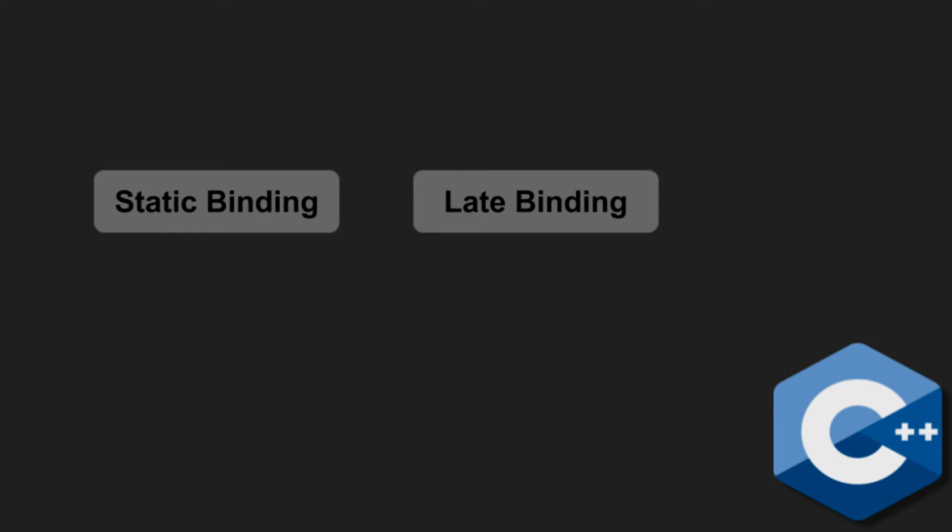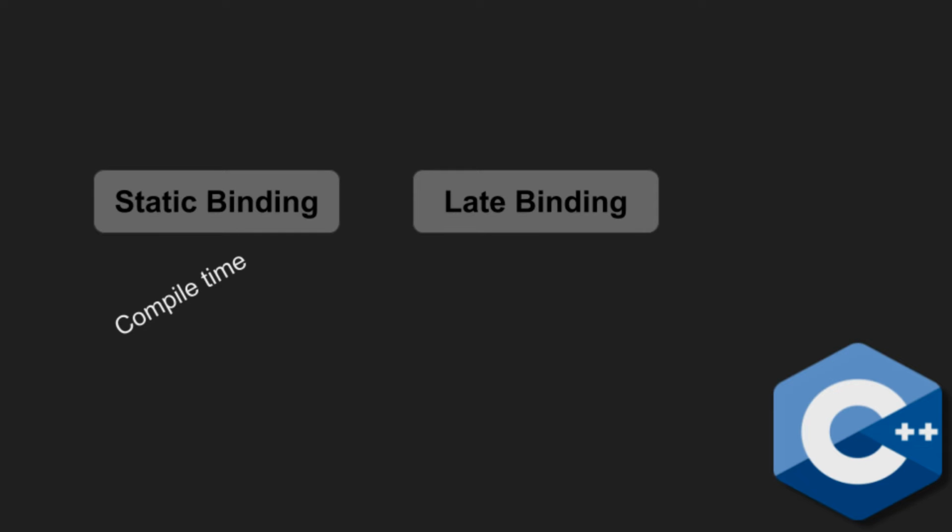In the case of static binding, when we declare a function and when we call a function, the linking between the function call and which function is to be called within an object is already defined. That is statically bound.